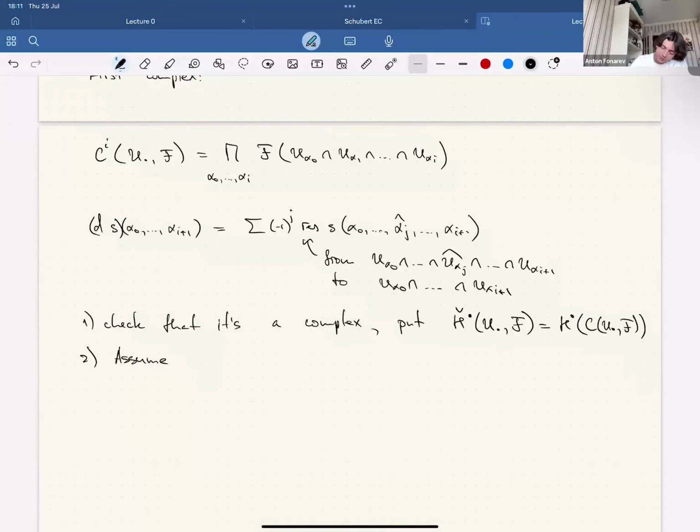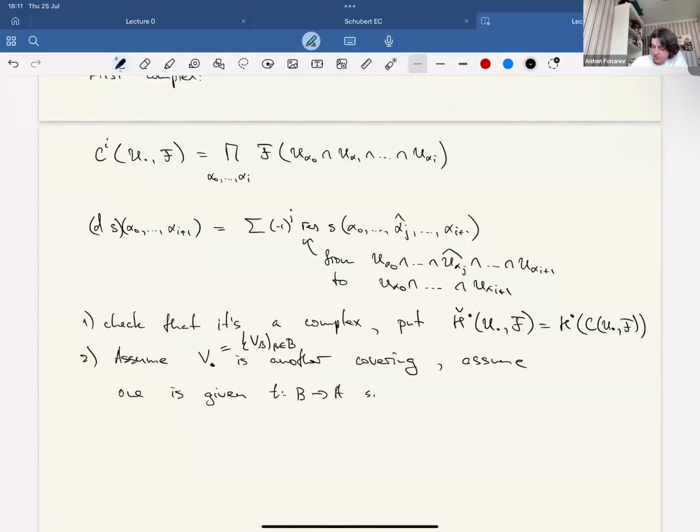All right. Assume V is another covering, indexed by β, where β is in the set B. Assume we're given a function, let's call it τ, from B to A, such that V_β is contained in U_{τ(β)}.